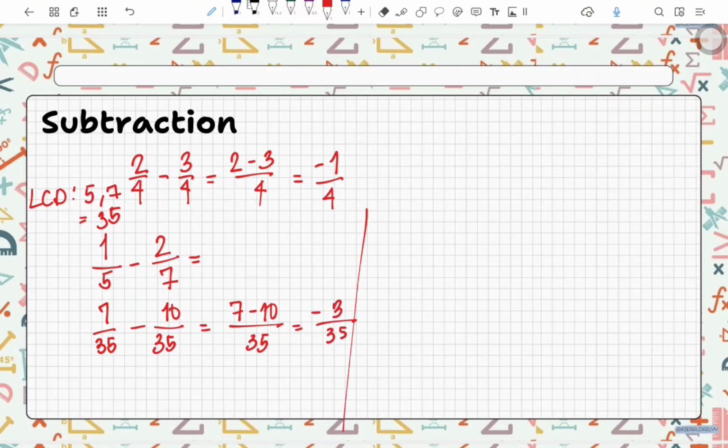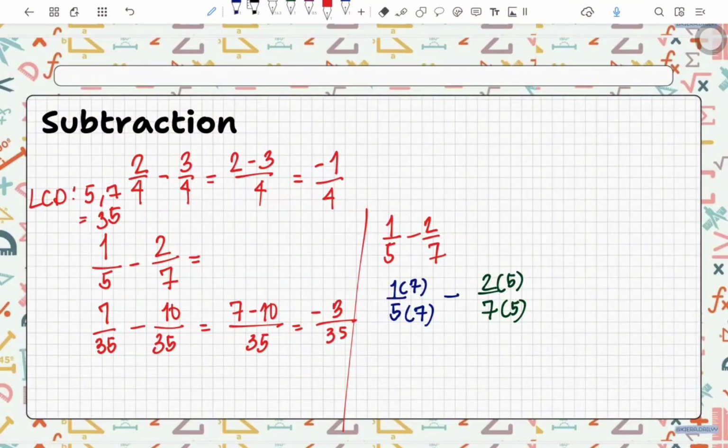Again, we can use the other method, that is, multiply the denominator of the other fraction. For example, here 1 over 5 minus 2 over 7. So we have 1 over 5. We multiply it by 7 because that is the denominator of the other fraction, minus 2 over 7. Multiply it by 5 because that is the denominator from the other fraction.